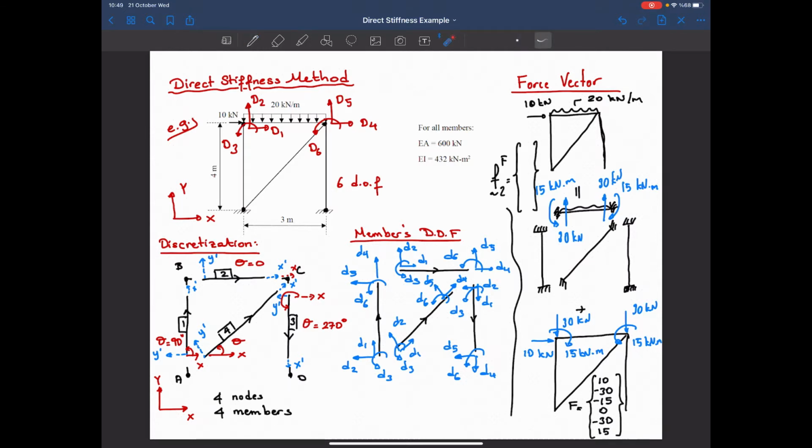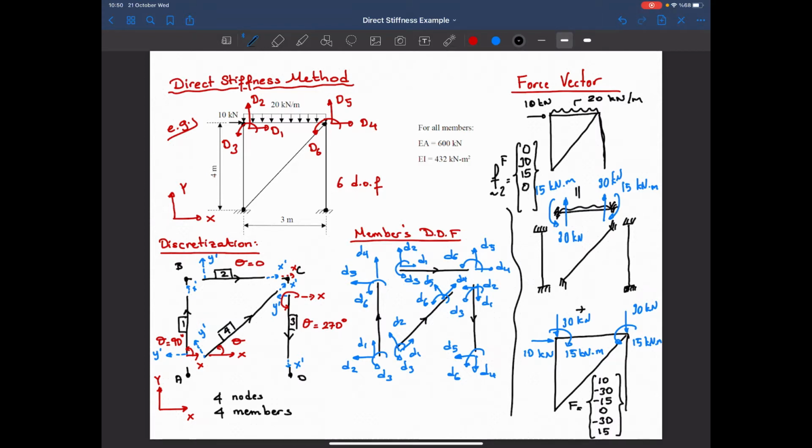So while writing this fixed end force, I will be using these directions. In the D1 direction, no force, I got 0. D2 is in the upward direction, I got 30 kilonewtons. So this is 30. D3, it's in the counterclockwise direction, I have a counterclockwise moment, 15 kilonewton meter here.